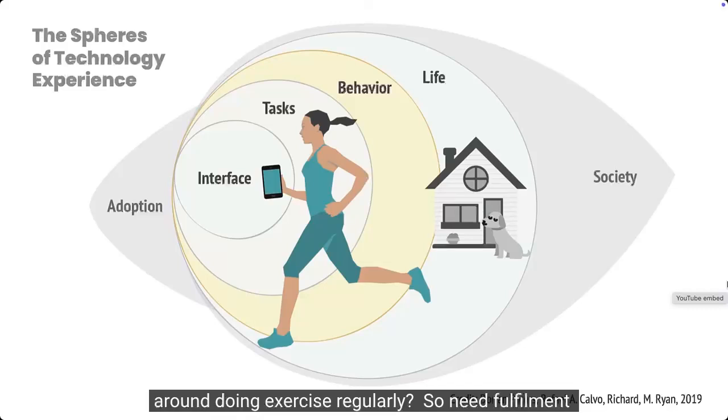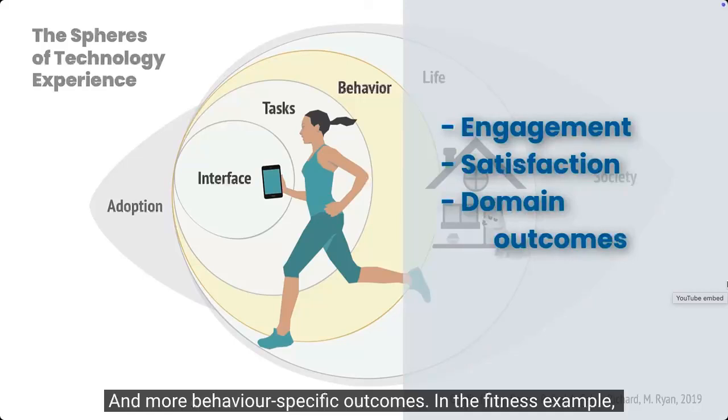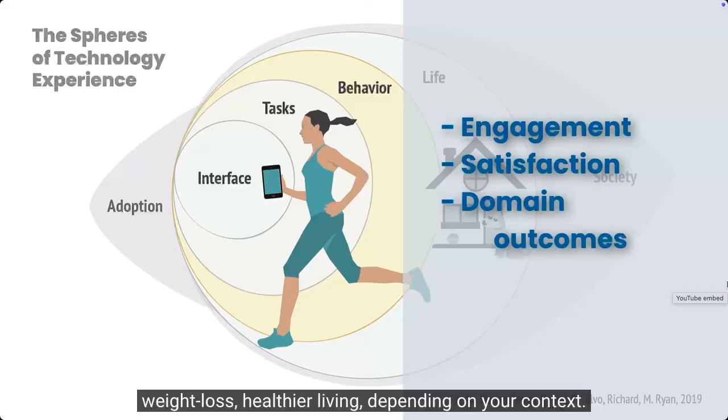So need fulfillment at this level can have many positive outcomes. For example, more engagement with the behavior, more satisfaction with the behavior, and more behavior-specific outcomes. In the fitness app example, this might be health outcomes like symptom control, weight loss, healthier living, depending on your context.